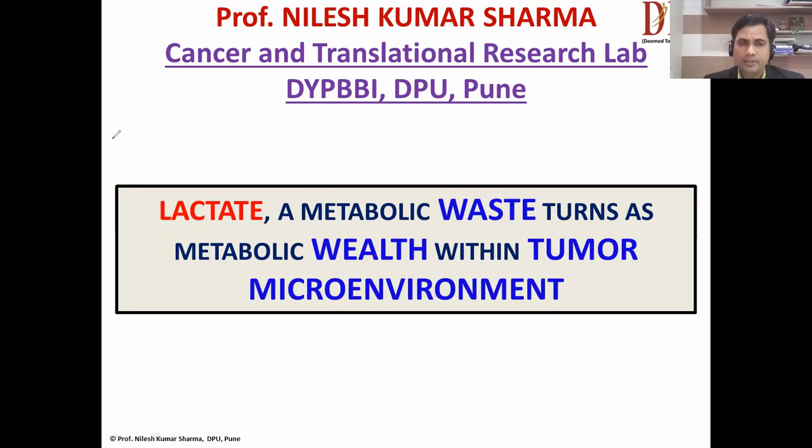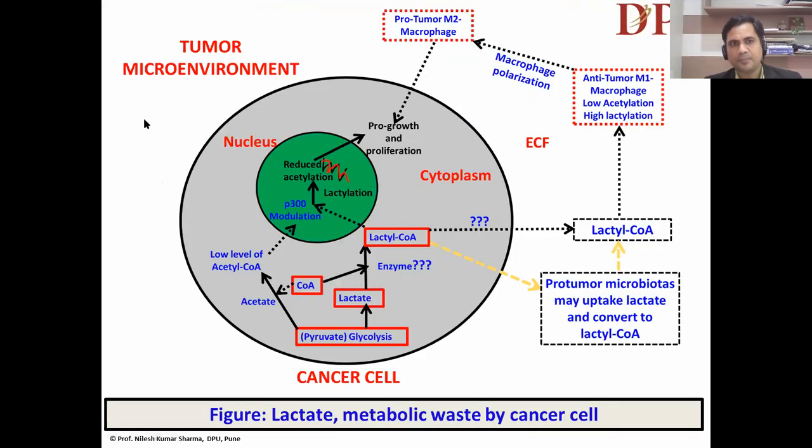So in that direction, I would like to share the proposed model here. What is the proposed model? If you look at the tumor microenvironment, there are cancer cells, obviously. This is our cancer cell.